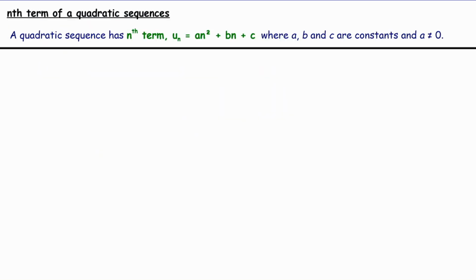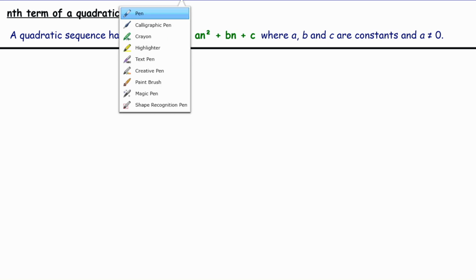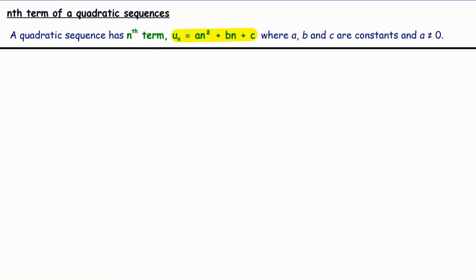So how do we find the position to term rule, or the nth term of a quadratic sequence? Now all quadratic sequences, all of them, are written in that form. So whichever nth term you're going to look for, any quadratic sequence is given in this form, where A, B, and C are constants.